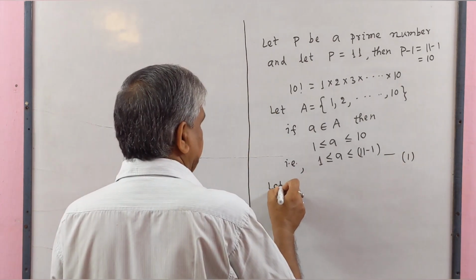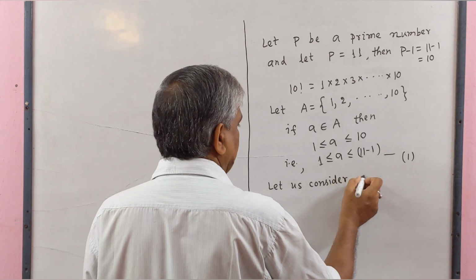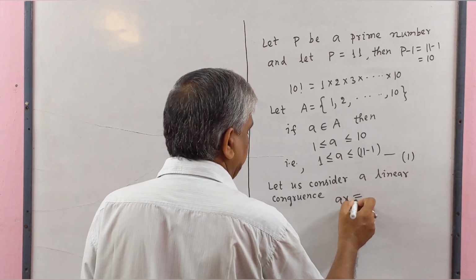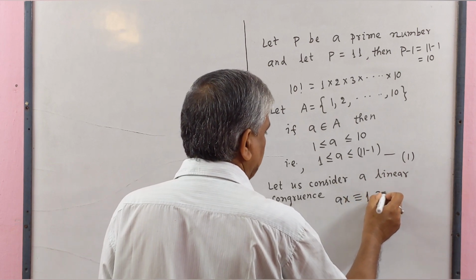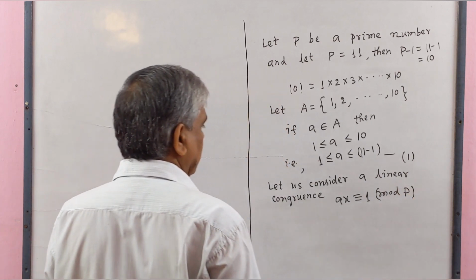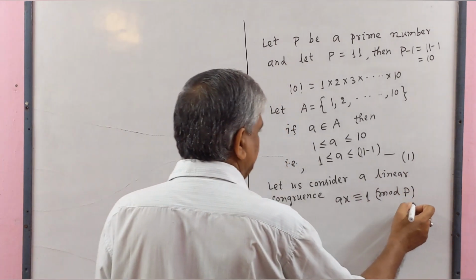Let us consider a linear congruence: ax is congruent to 1 modulo P. This is number 2.